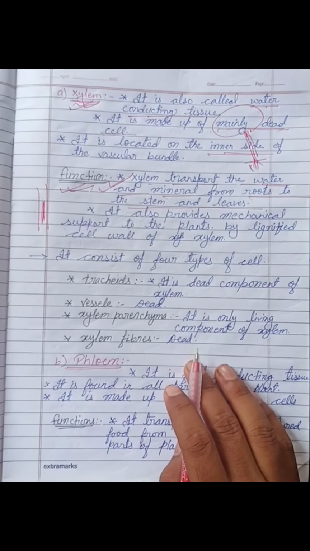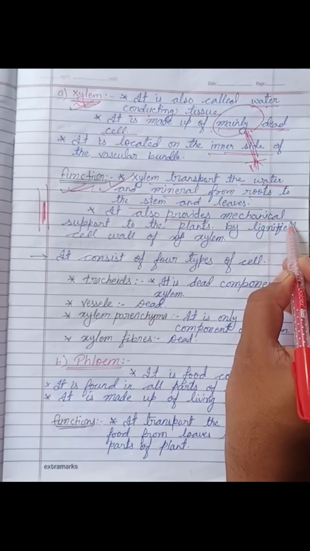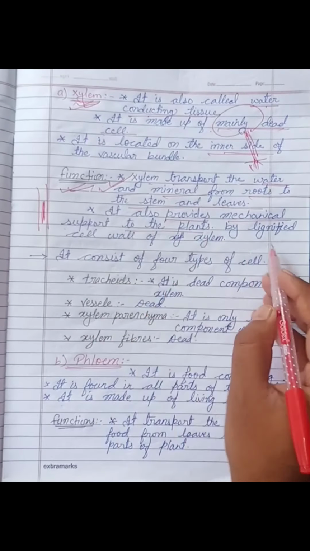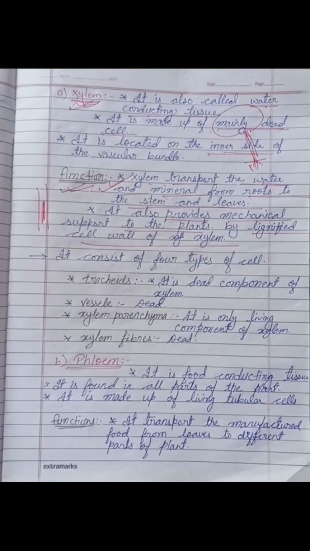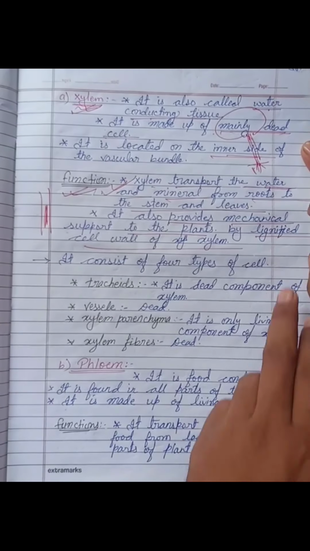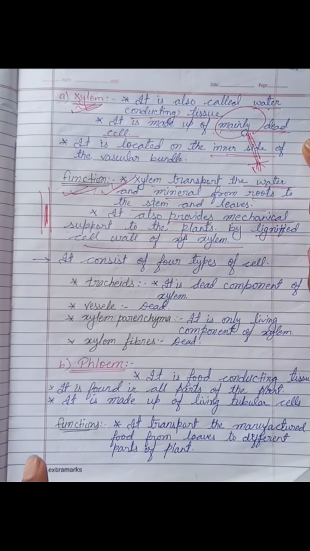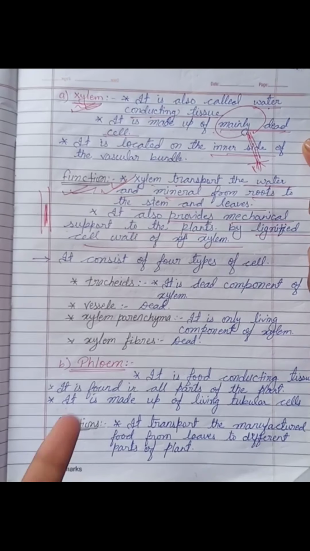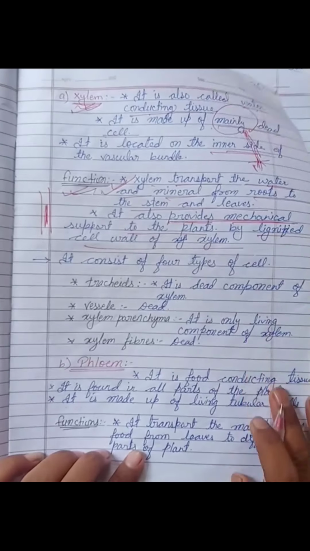Now the next function of the xylem is it also provides mechanical support to the plants by the lignified cell wall of the xylem. That means lignin is present in the cell wall of xylem, and that kind of cell provides mechanical support.